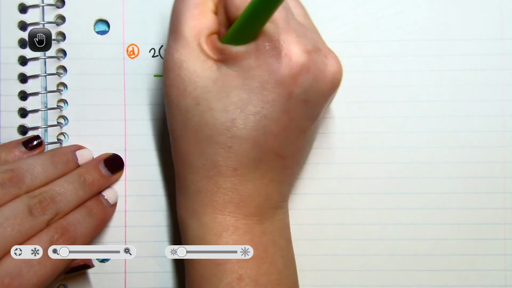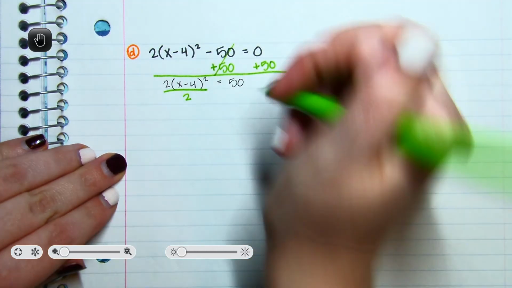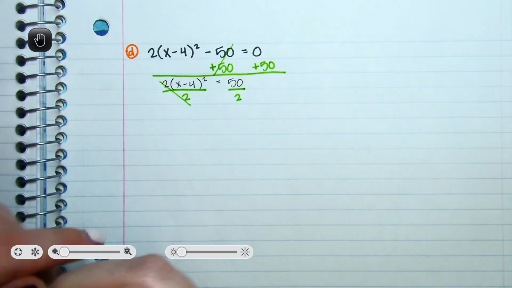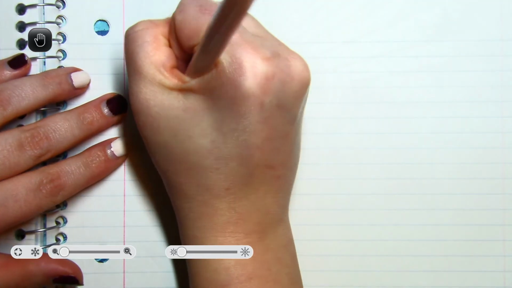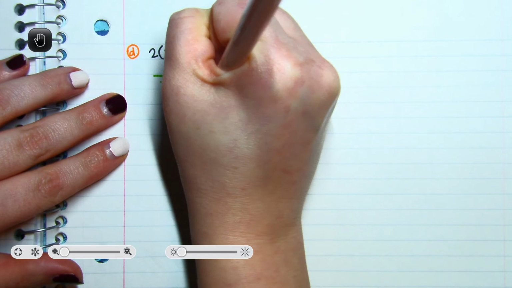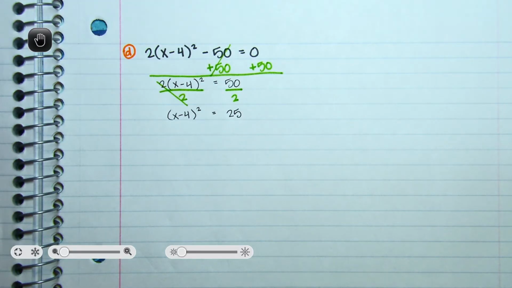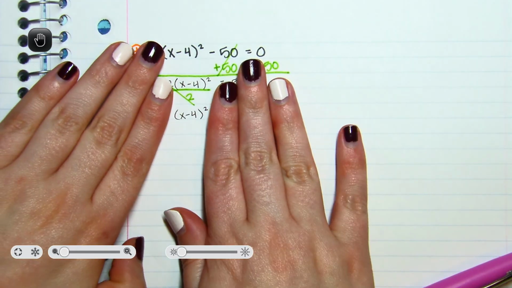Next, I will divide both sides by 2 because 2 is multiplied by this thing in parentheses. And to undo multiplication, we divide. So now we will have x minus 4 quantity squared equals 25. My squared term is now by itself because this whole thing in parentheses is what's squared.